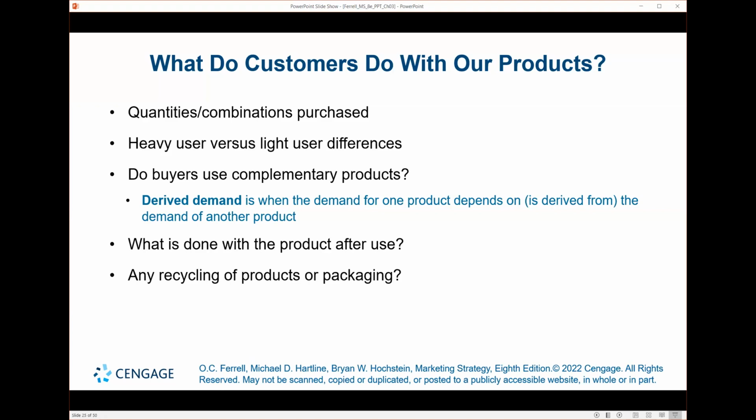So not only do we want to be able to find out what's done with our products, but also how they're used in reverse. In other words, how do they dispose of the products and how successful they are in disposing them, okay? And so what do the customers do with our products?